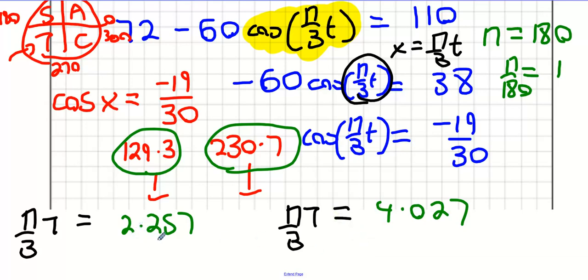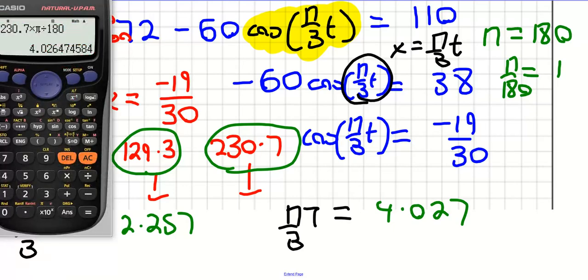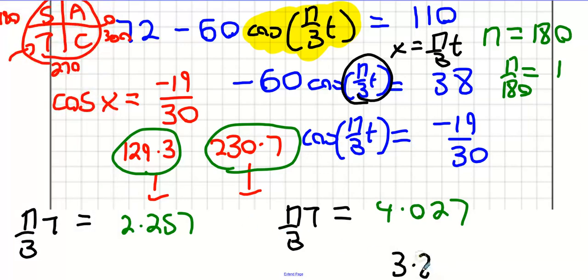So do me a favor, get your answer, multiply it by 3, and then divide it by pi. So I'm going to multiply this by 3, then divide it by pi. 3.8, exactly what I was expecting. 3.845. There's your time for the second.